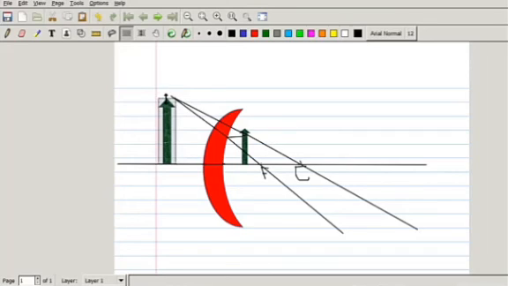But this image is an erect image, and this will be a magnified erect image, but it is a virtual image.